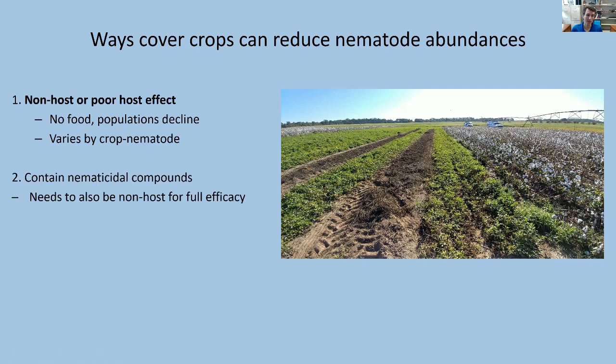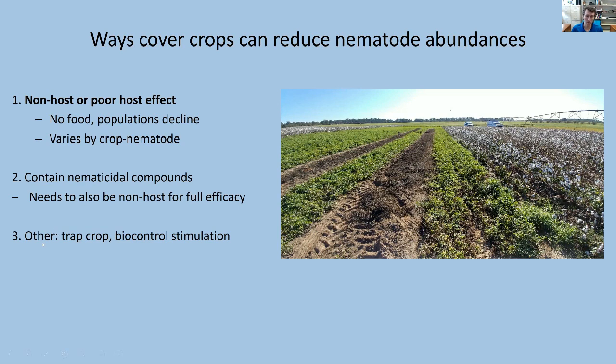The second way that cover crops may work is that they may have some nematicidal compounds in them that are going to directly kill your nematodes. For it to be fully effective, obviously you're going to want whatever cover crop has the nematicide to also be a non-host. Otherwise, you're working at cross purposes.